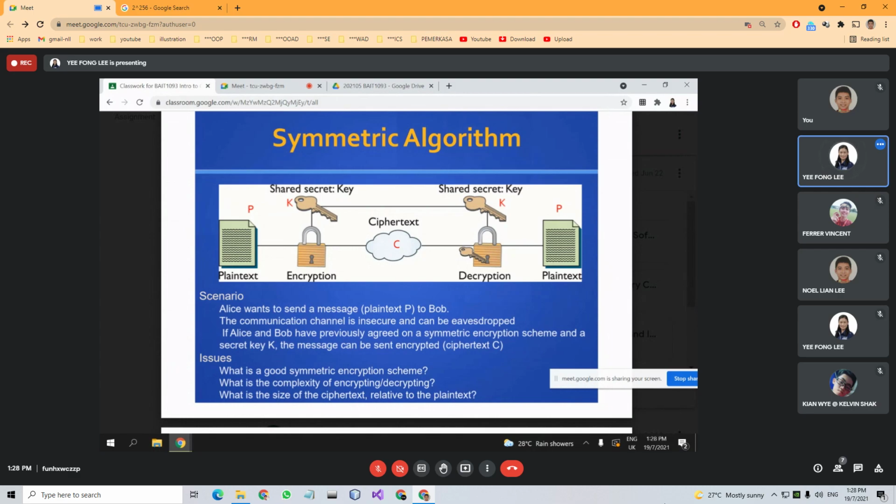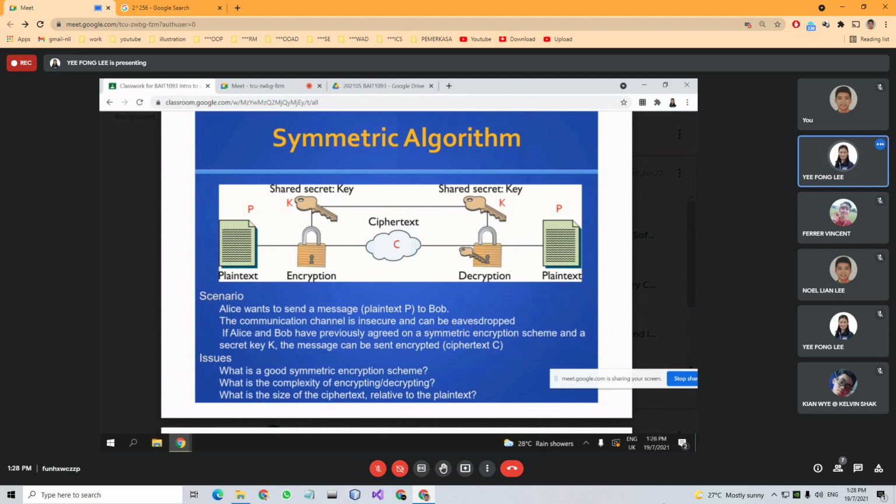So we look at the scenario given here. Plain text means the original text. So the scenario here: Alice wants to send a message to Bob. Bob is the receiver. The communication channel is insecure and can be eavesdropped. Okay, we learned about eavesdropping in the last chapter.